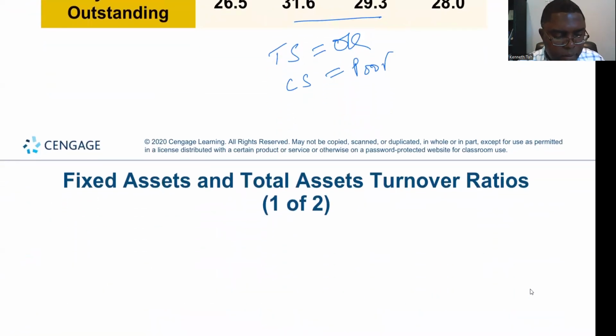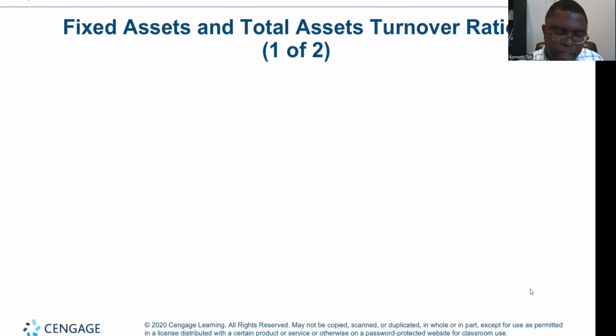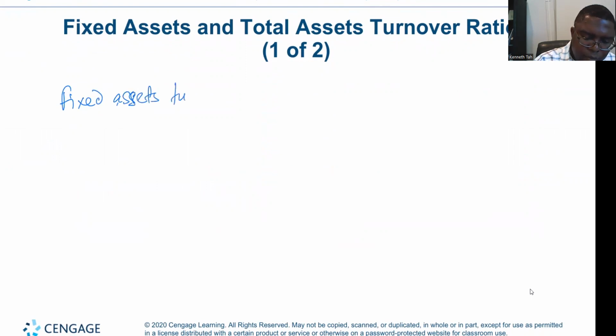All right. The next asset management ratios are what we call the fixed asset turnover and the total asset turnover. The fixed asset turnover is equivalent to sales divided by net fixed asset.